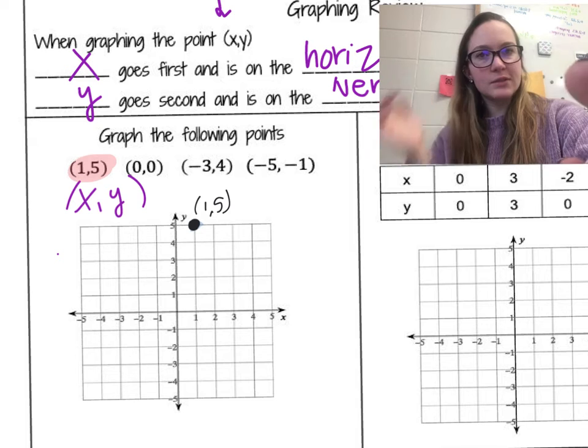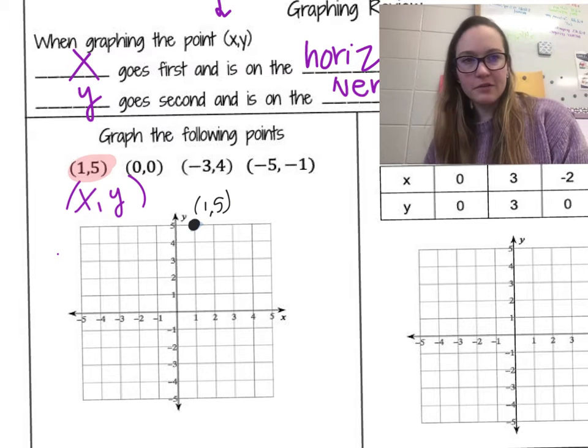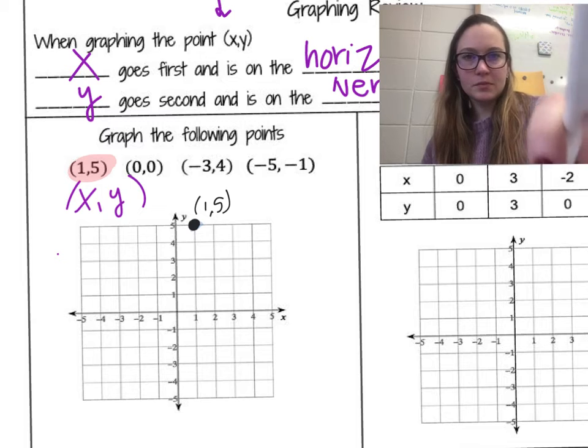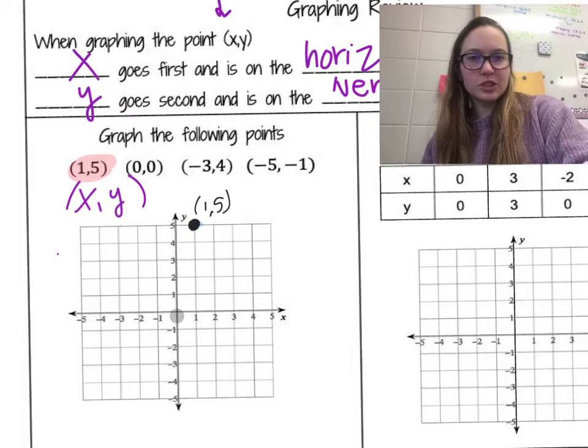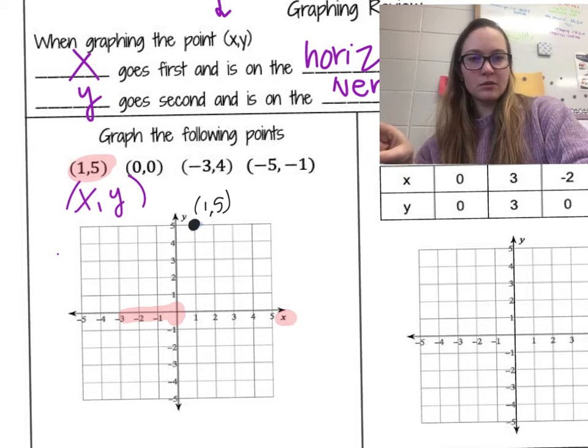So for the point 0, 0, we'll come back to that one actually. Let's do negative 3, 4. So from my origin, I go horizontally, my X value, see I was labeled X, I go to negative 3.